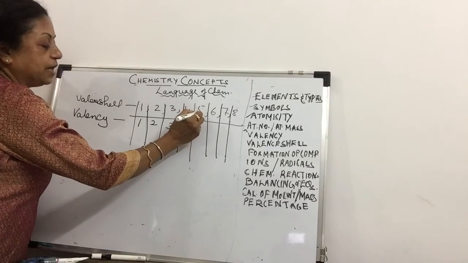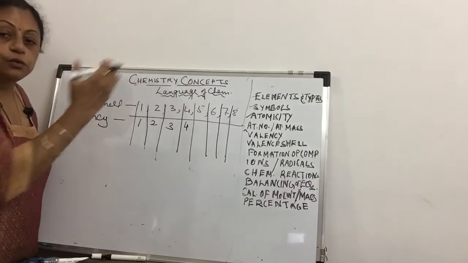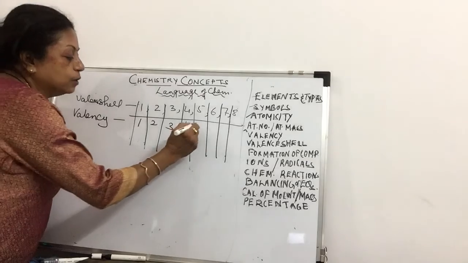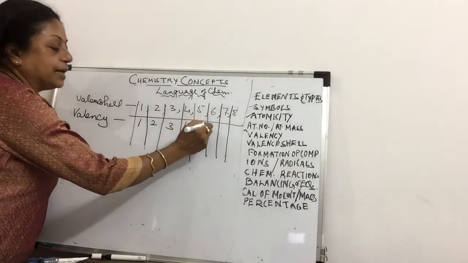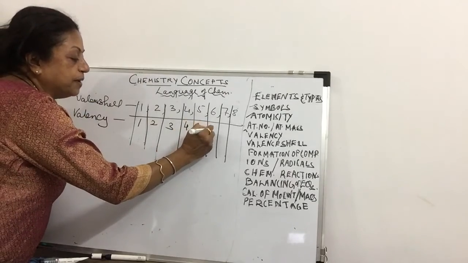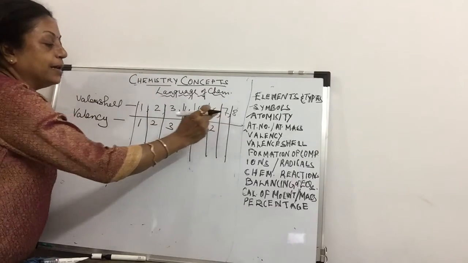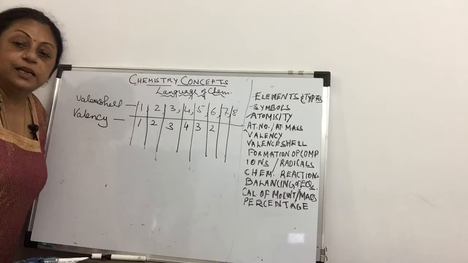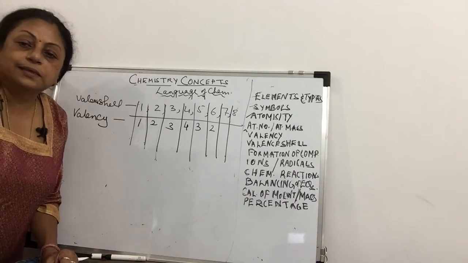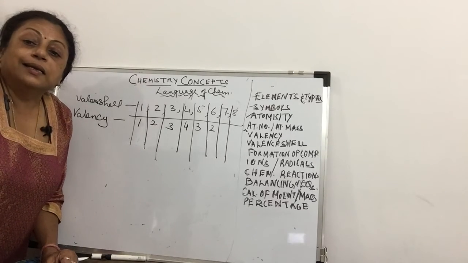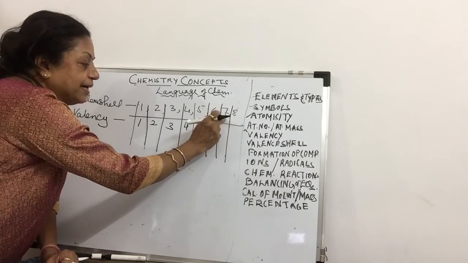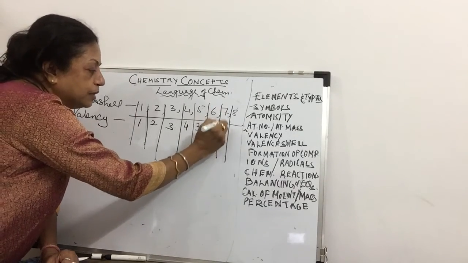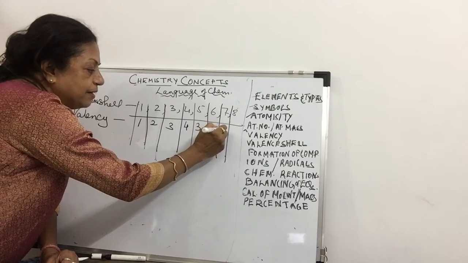When the last shell has 5 electrons, it has to gain 3 electrons to make it 8, so the valency will be 3. If the last shell has 6 electrons, it has to take 2 electrons, so the valency will be 2. If the last shell has 7 electrons, which is the 17th group, then it takes 1 electron. This is the 17th group, and this is the 16th group. So 7 plus 1 makes 8.